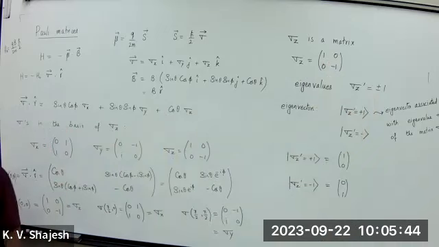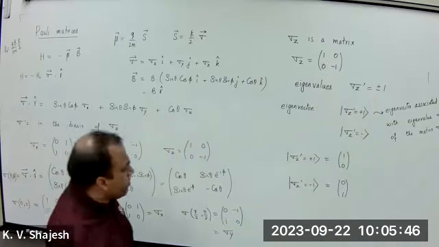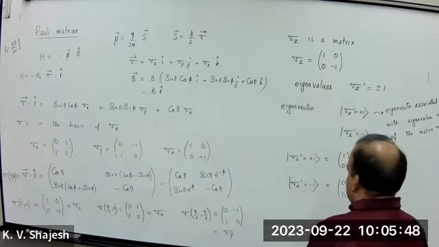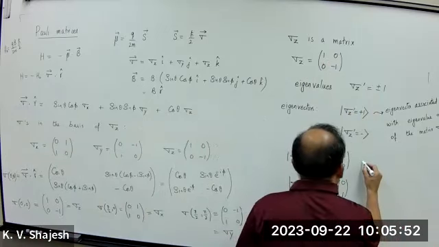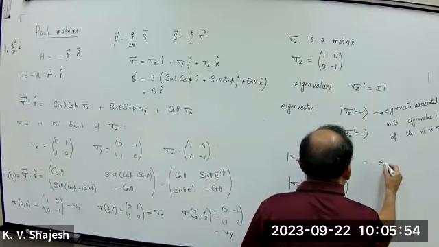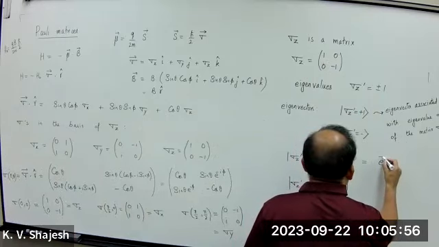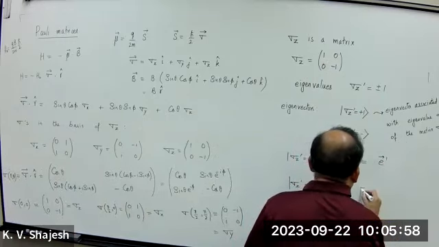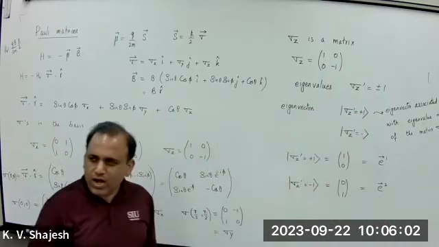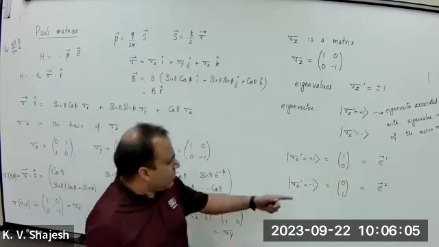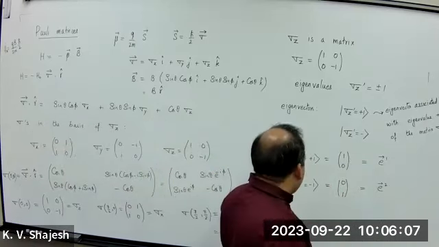So those are the two solutions. Now notice, in our notation, this is E1 if you want, and that's E2. We have two eigenvectors, so now this is E1 and E2.